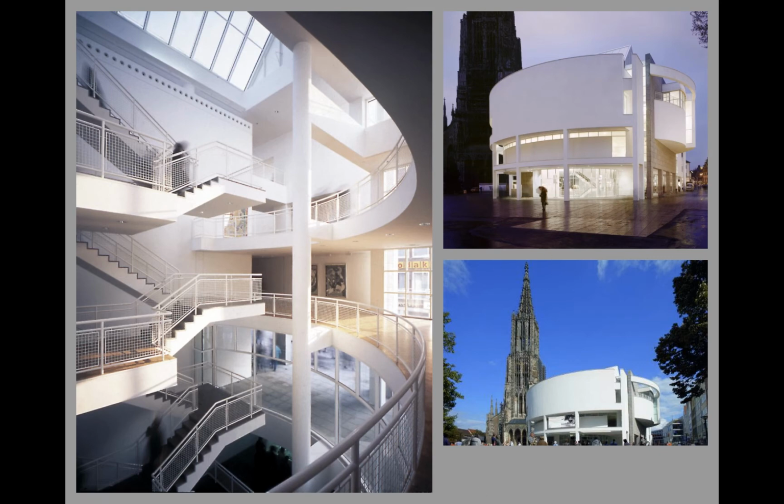So going on from there, Meier himself was a Pritzker Prize winning American architect. 1986 was when he won the Pritzker Prize, and he was chosen to design the Ulm Stadthaus in Germany. It is essentially the State House, which is the assembly hall and exhibition center. The white circular structure at the base of the Gothic Ulm Minster was controversial at first for its stark modern forms, but how it compares to the Gothic structure next to it is it doesn't try to compete at all.